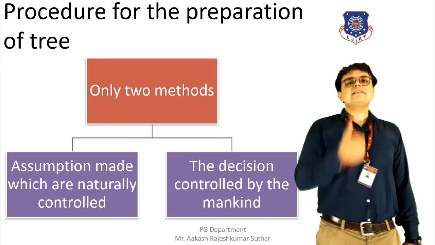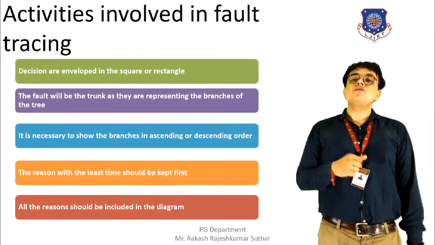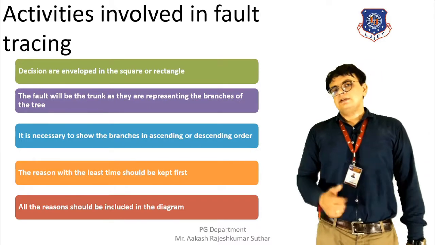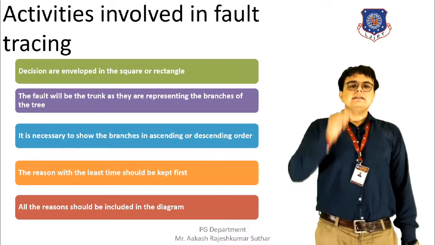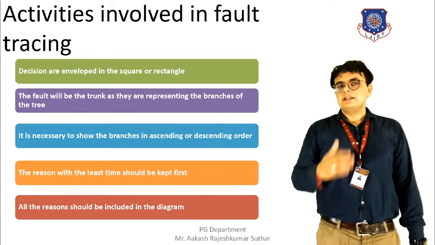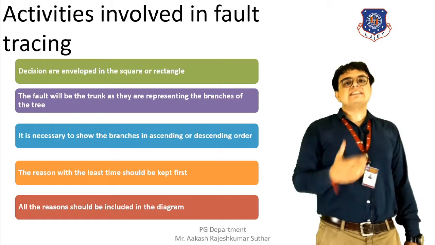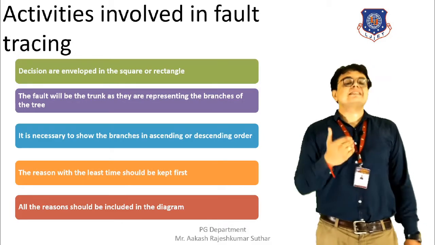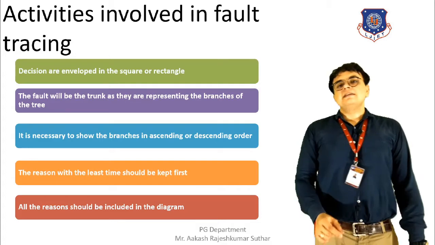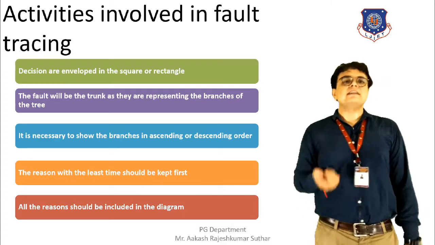Now let's have further discussion on the activities that are involved in the decision tree diagram. The first activity is that decisions are enveloped in a square or rectangle. Means all the decisions that we are concluding based on the faults, based on the reasons, should be represented in a block diagram, particularly a square or a rectangle.